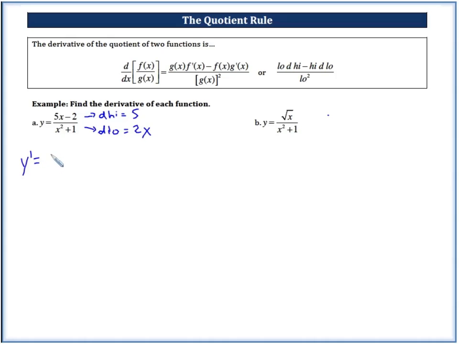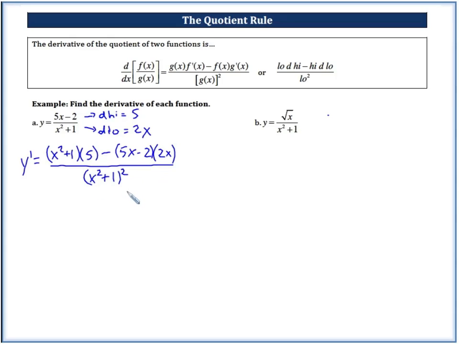So low d high, so the low function is x squared plus 1 times derivative of high, which was just 5, minus high d low, so the high function is 5x minus 2 times d low, which was 2x, all over low squared, so x squared plus 1 squared.